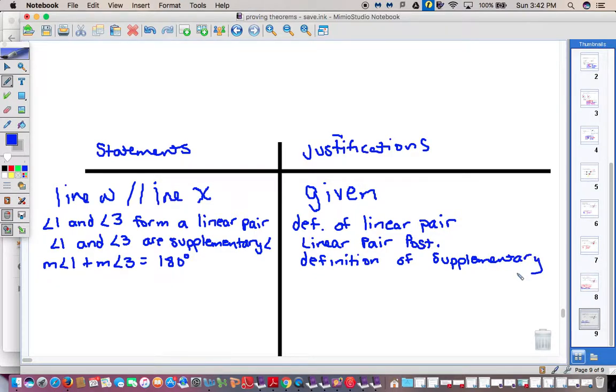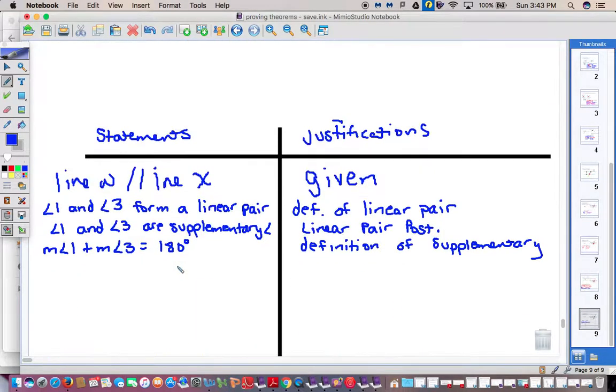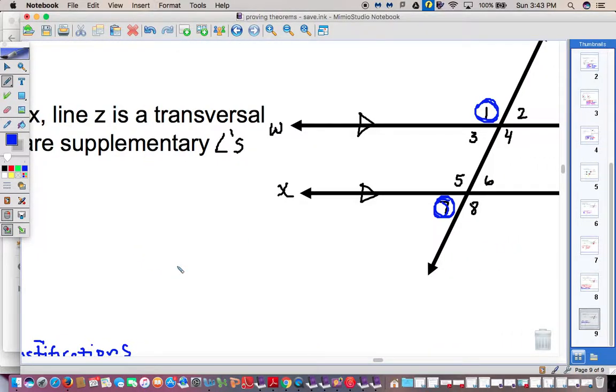Okay. And now that we've gotten that far, we need to somehow incorporate angle 7 in here, because we're as far as we can go, I think, with angle 1. So what can we do with angle 7? Well, do you notice that angle 3 and angle 7 are in corresponding locations? So because they're in corresponding locations, the corresponding angle postulate says that these two angles are congruent to each other.